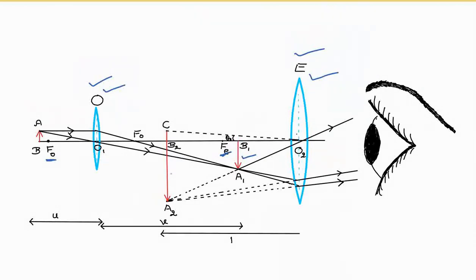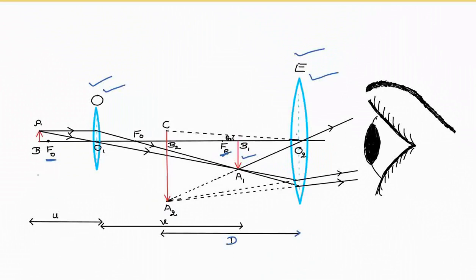This A2B2 is the image formed by the eyepiece, or it is the final image formed. And this lens is so adjusted that this final image is formed at the least distance of distinct vision. This distance O2B2 is the least distance of distinct vision. By adjusting the screws of the tube, the final image can be formed at the least distance of distinct vision.